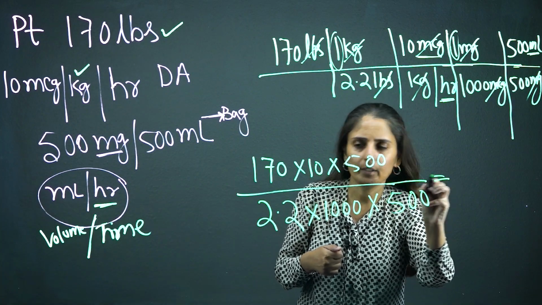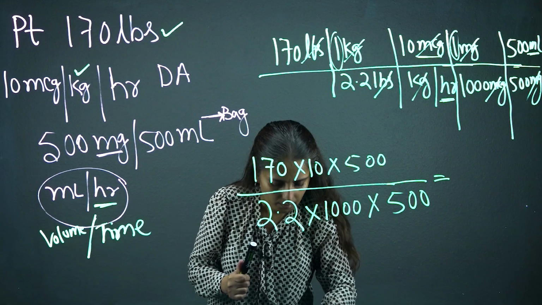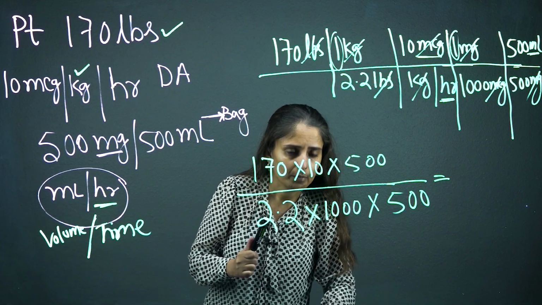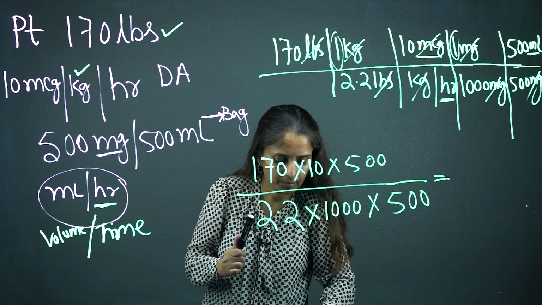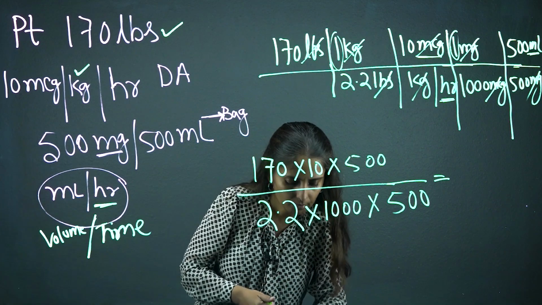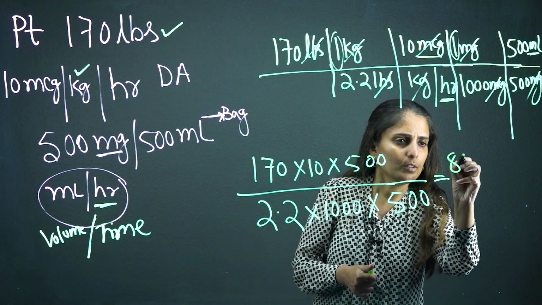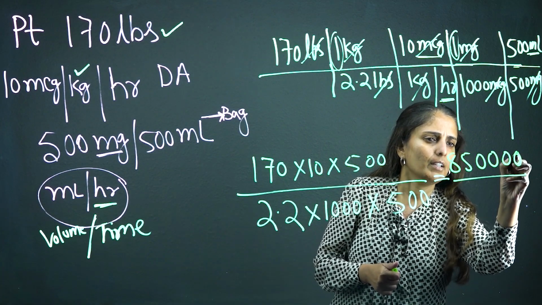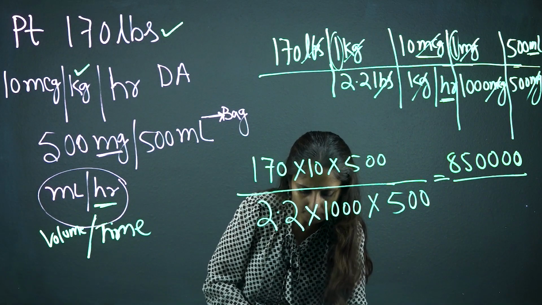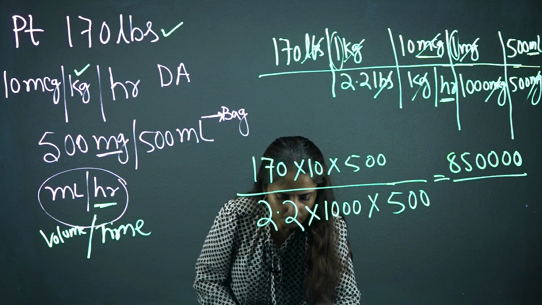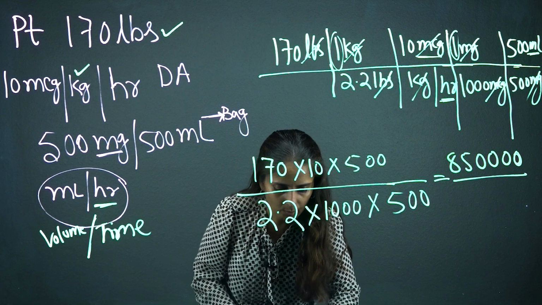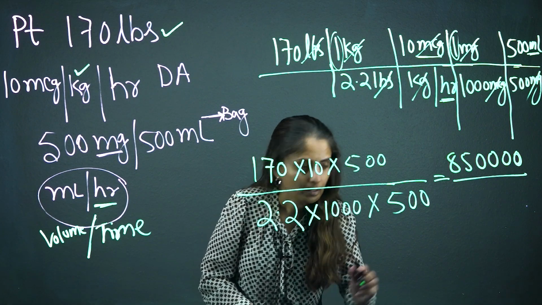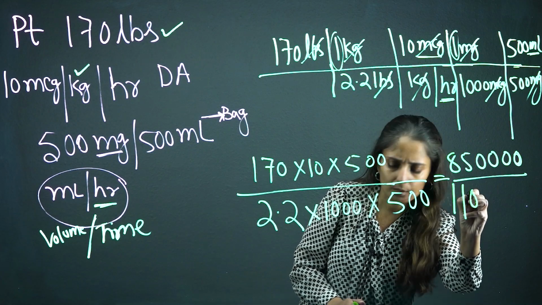All right, so let's see what we get. 170 times 10 times 500, that's 850,000. Divide that by 2.2 times 1,000 times 500. That's 1,100,000.